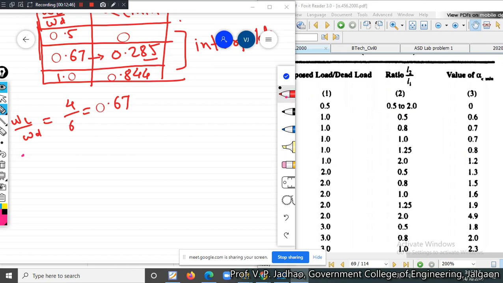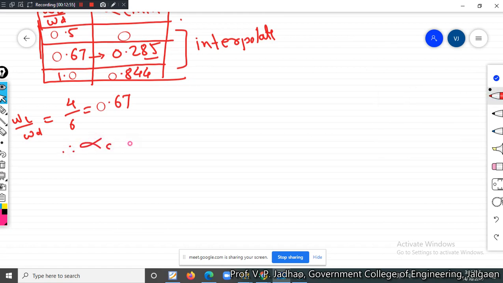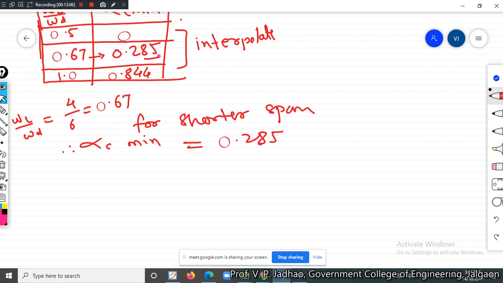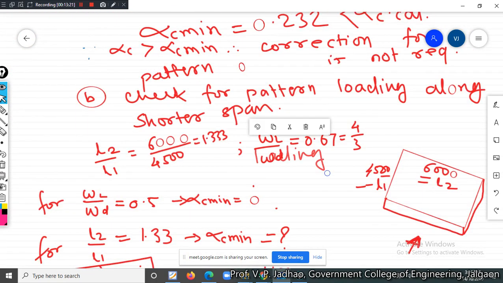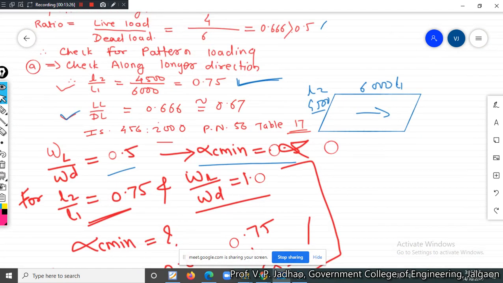Therefore, for the shorter span, alpha C minimum is equal to 0.285. But this value of alpha C minimum is greater than alpha C calculated, which we calculated in an earlier step.